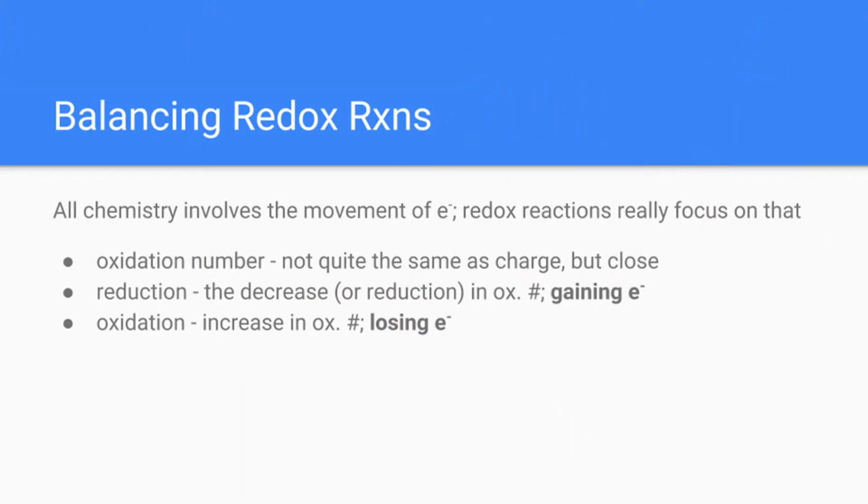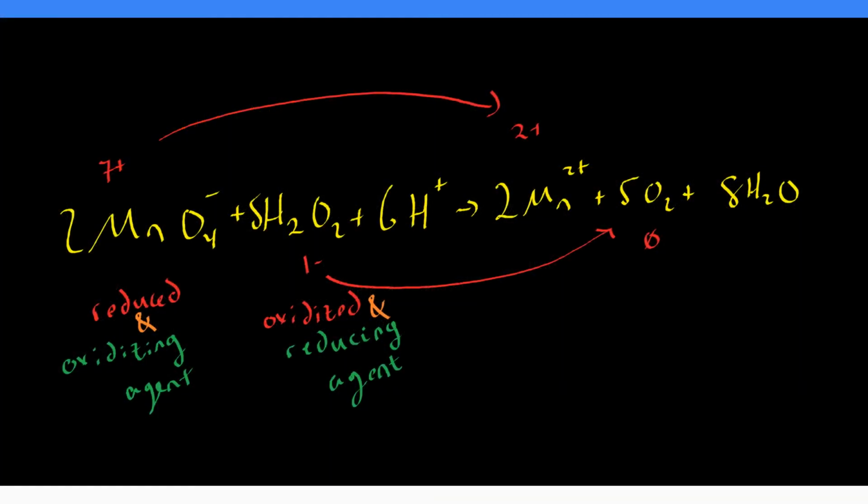Now, paired with oxidation and reduction, you get the oxidizing agent and the reducing agent. And this can also cause some confusion. The oxidizing agent is the thing that causes oxidation. So it causes another thing to be oxidized.